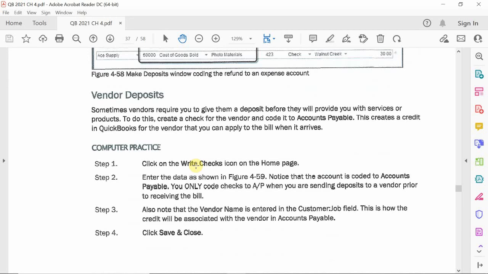So this is going to be a vendor deposit that is a safeguard for companies that want to give services but don't trust their customers. And in this world right now, that's the assumption. If you want service, you've got to pay me 50% now, so then I can save your spot.